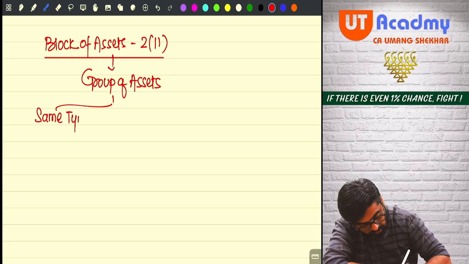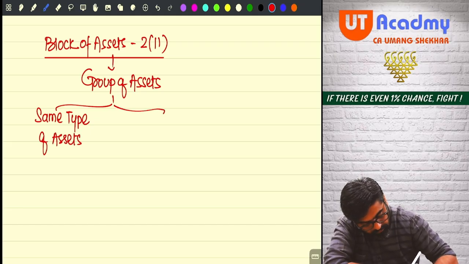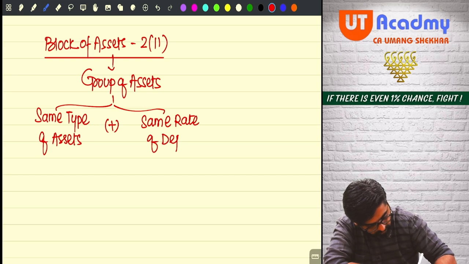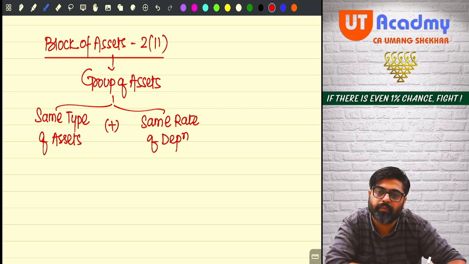Block. But that group will be known as block only if the group has the same type of asset, having the same rate of depreciation. Depreciation cannot be different. Depreciation rate should be same on these assets.